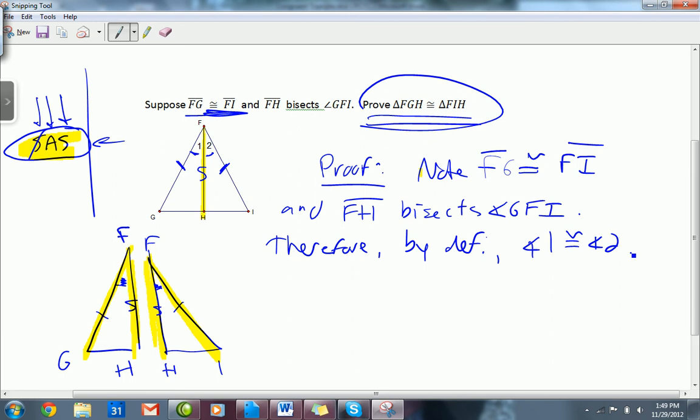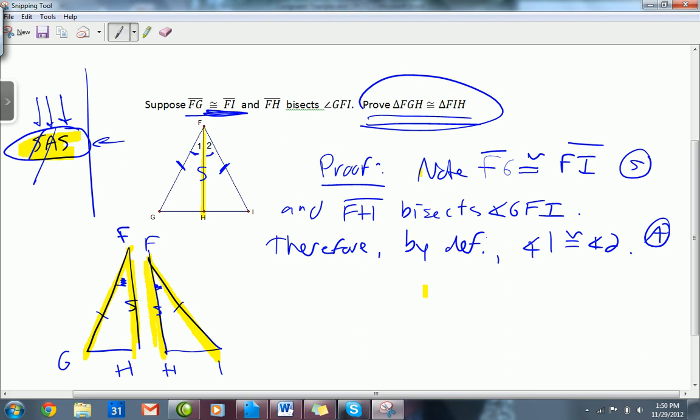Okay? Now, note here how I just established a pair of congruent angles, right? So for your side, angle, side relationship, I have a pair of congruent sides, and I just established the included pair of congruent angles, right? Also note how I justified by definition of a bisector, angle 1 and 2 are congruent. Okay?